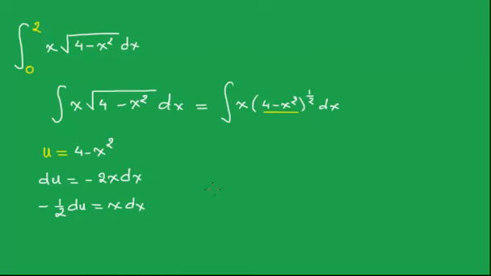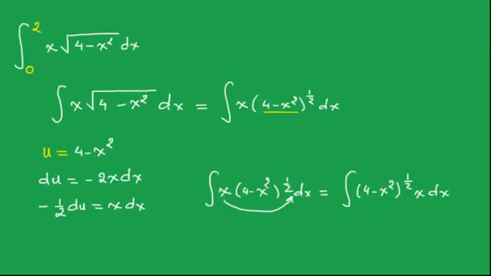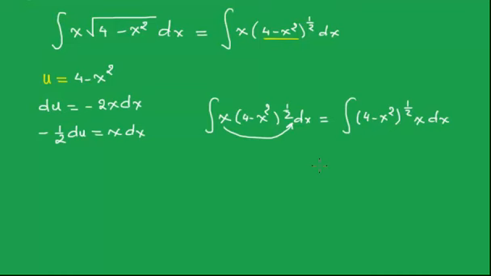So this means now that the integral of x times (4 minus x squared) to the power of 1/2 dx, which can be rewritten as (4 minus x squared) to the 1/2 times x dx, so I just move the x next to the dx, is now equal to the integral of u, because this expression here is u.